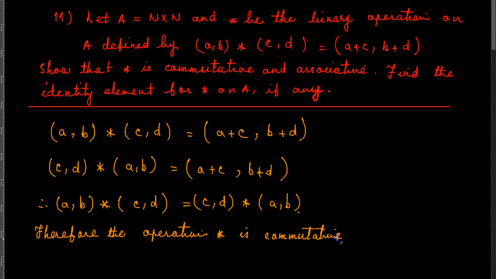Of course, there is something that I should have written over here, and that is, for example, let (a, b) and (c, d) belong to, for example, A, because that's the Cartesian product of N and N. Then basically a, b, c, and d belong to N, of course. And based on this, you can conclude that the operation star is commutative.